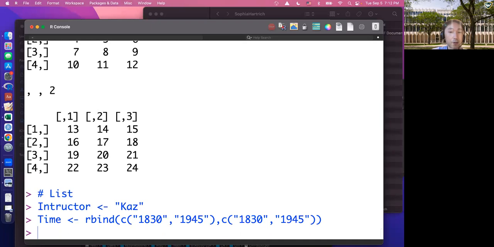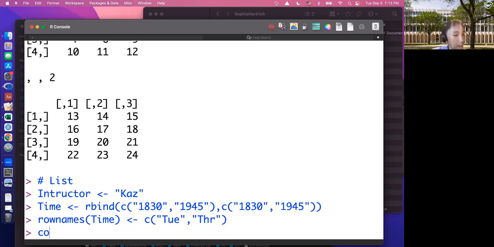So suppose that we have the time for classes, and maybe the row names of time are Tuesday and Thursday. And the column names of time: the first one is start. Probably this single quotation also works.